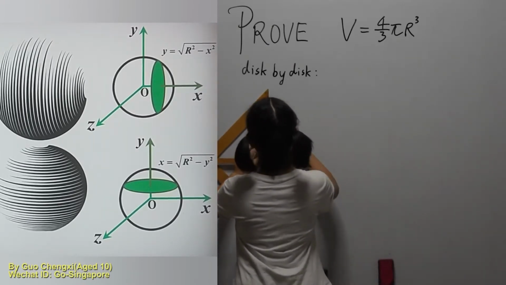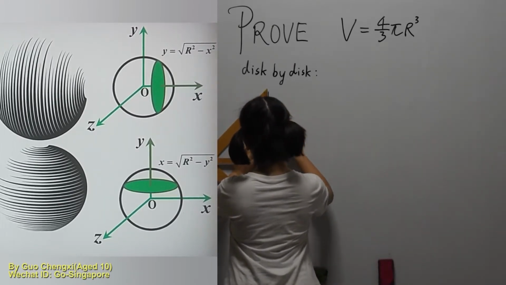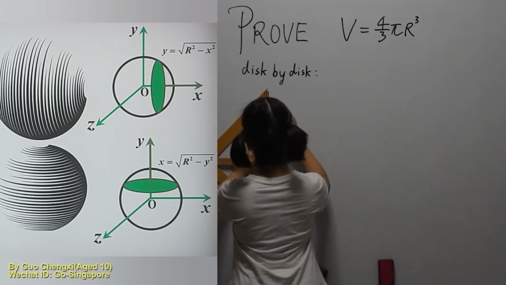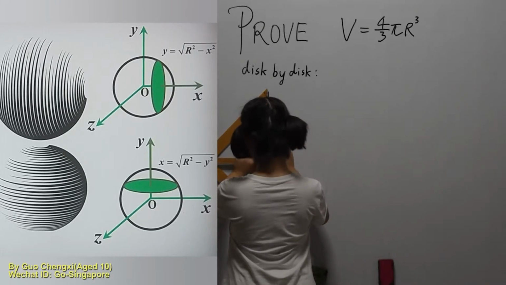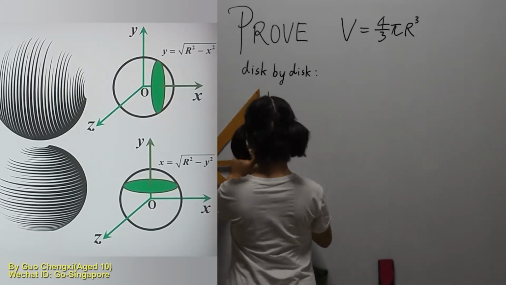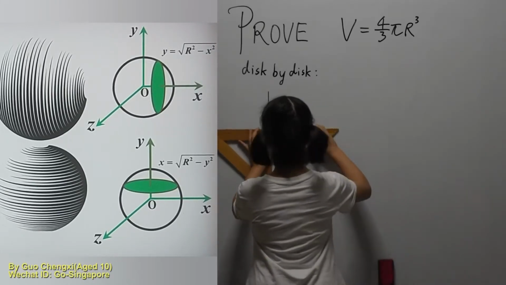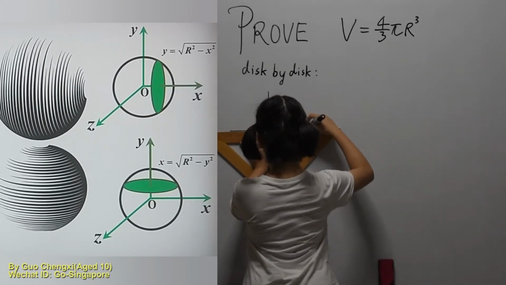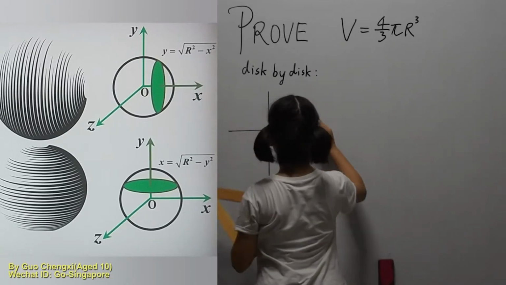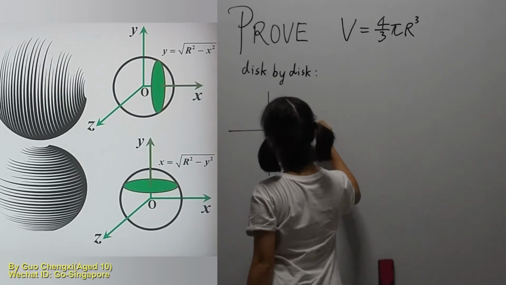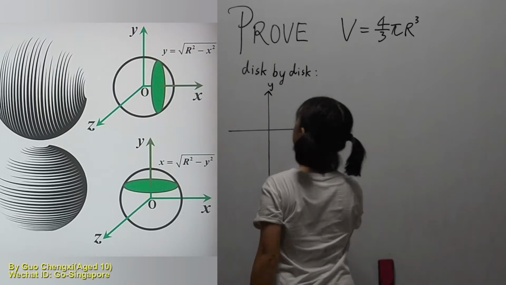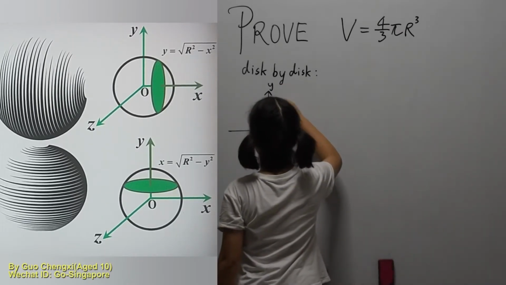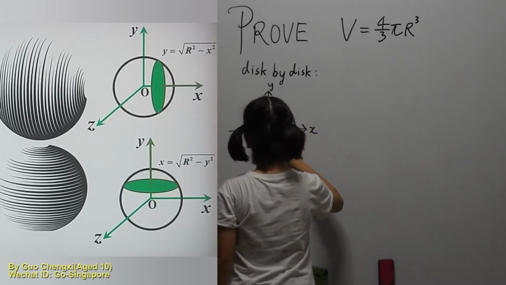I want to just get half a circle. As I told you, it's supposed to be a full circle, but we only have to take half a circle.